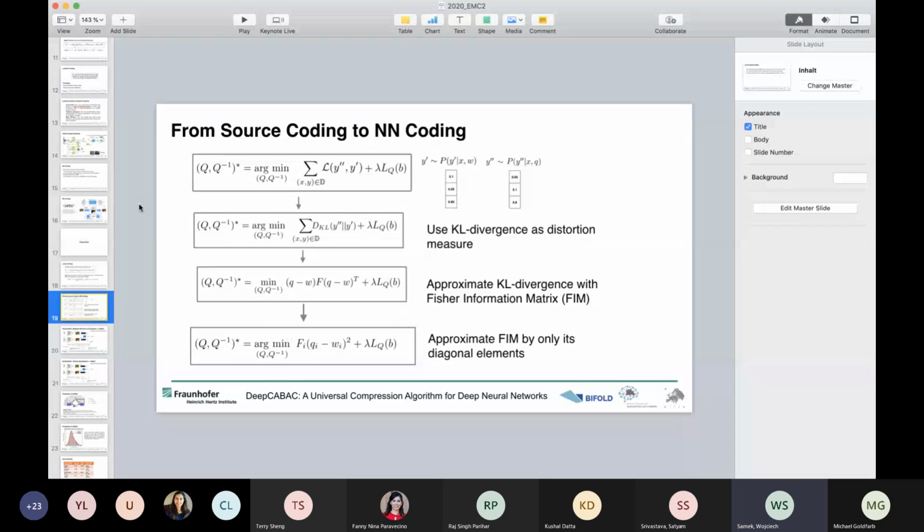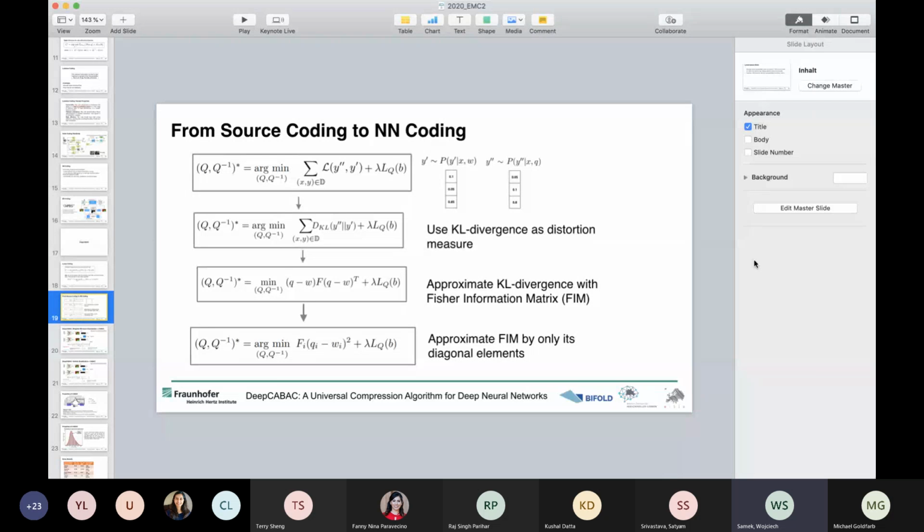your representation. As you see, y dash depends on the input and also on the original weights w, whereas y double dash depends on the input but also on the quantized weights. So this is the quantized version of a neural network.